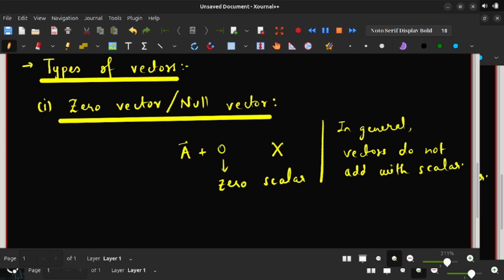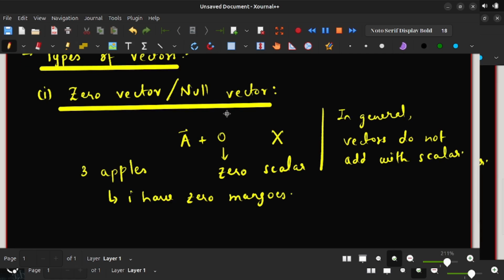So what did 0 represent in our scalars? It represented nothing. If I say I have 3 apples, then how many mangoes do I have? I have 0 mangoes. So the absence of that thing is given by that number 0.